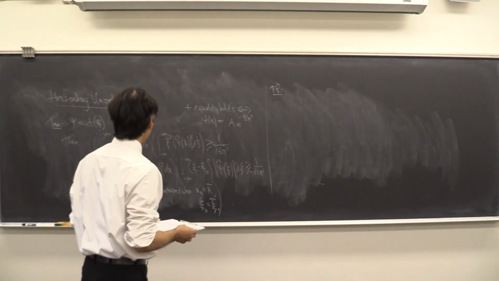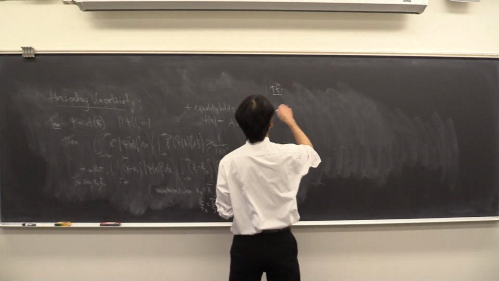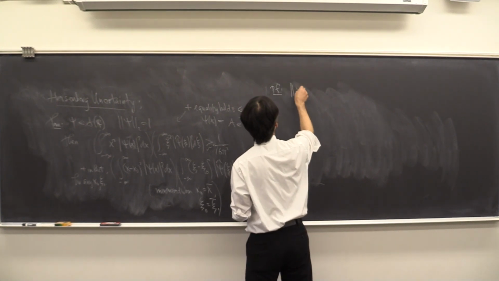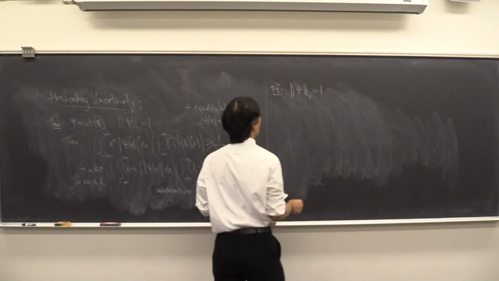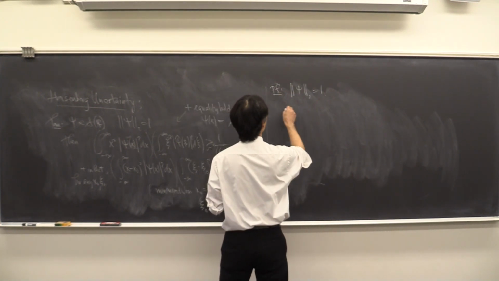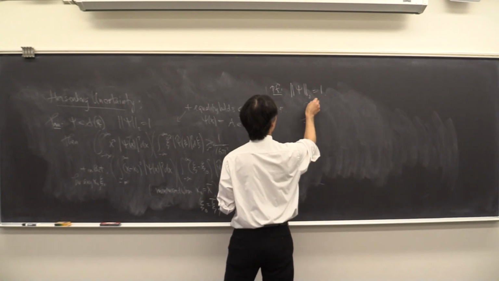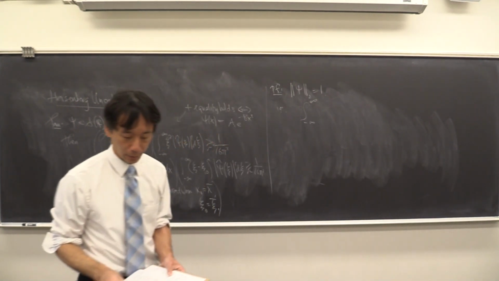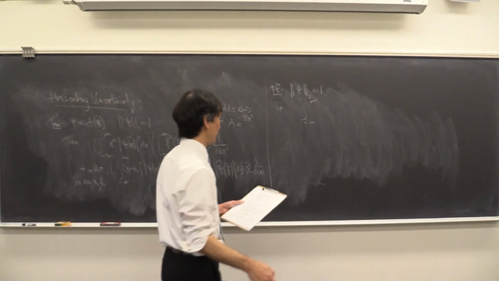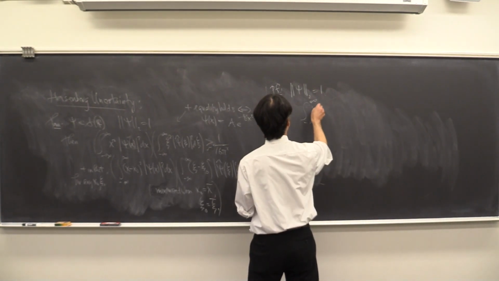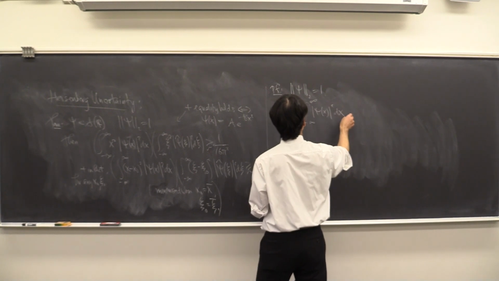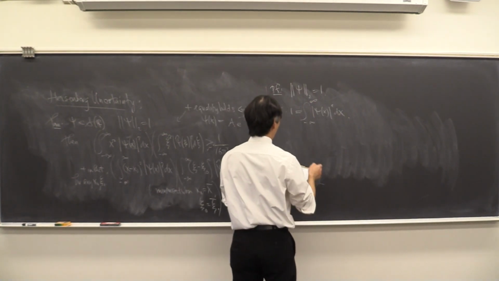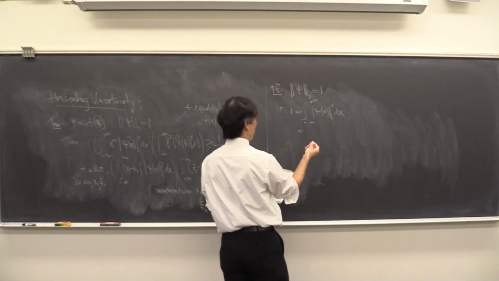Okay. So let's prove it. The proof follows from the fact that the L2 norm is 1. So that means that the integral from negative infinity to positive infinity of the absolute value of psi squared is 1. We do an integration by parts on it.